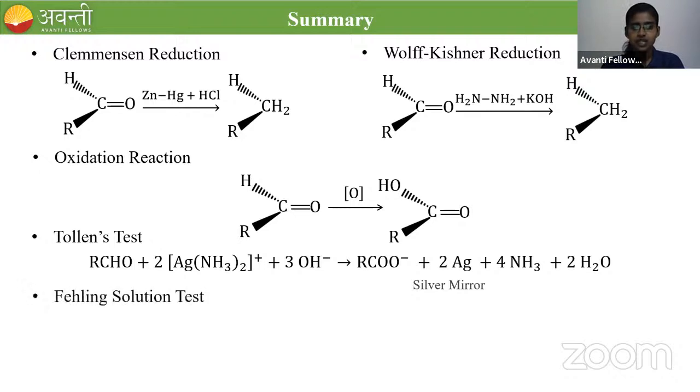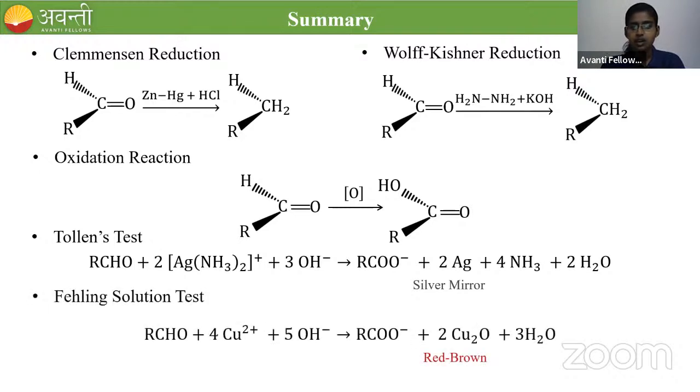Coming to the Fehling solution test, copper(II) ion was used. We have Fehling solution A and B, and we mix those two solutions. If we add the aldehyde to that solution, only aliphatic aldehydes will respond to the Fehling test. Aromatic aldehydes cannot be used.